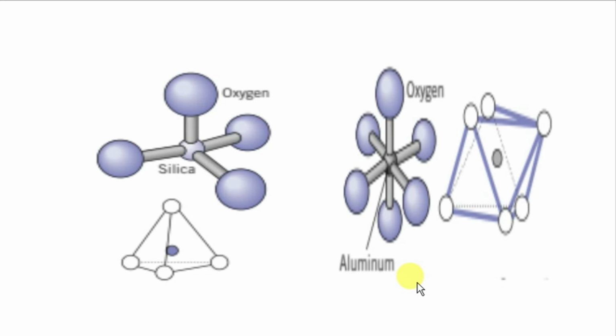In the silica sheet, each silicon atom with 4 positive charges is linked with 4 oxygen atoms with a total of 8 negative charges. Hope you get that. That is, silicon is 4 plus, whereas oxygen is 2 minus.